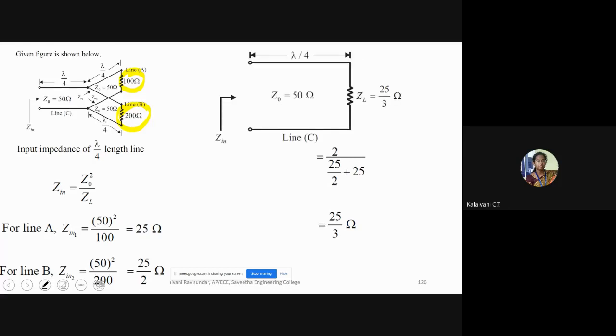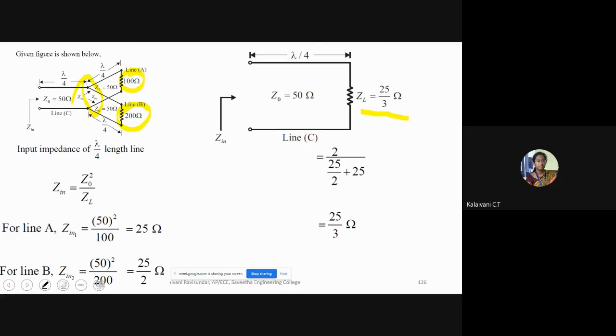So 25 by 3. I have redrawn this diagram here. Now we have found the effective resistance at this point. So ZL will be equal to 25 by 3. Now we have to find Z in, Z naught square by ZL.